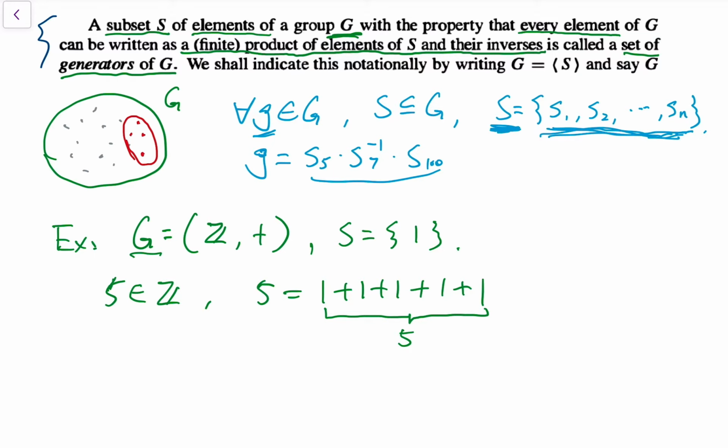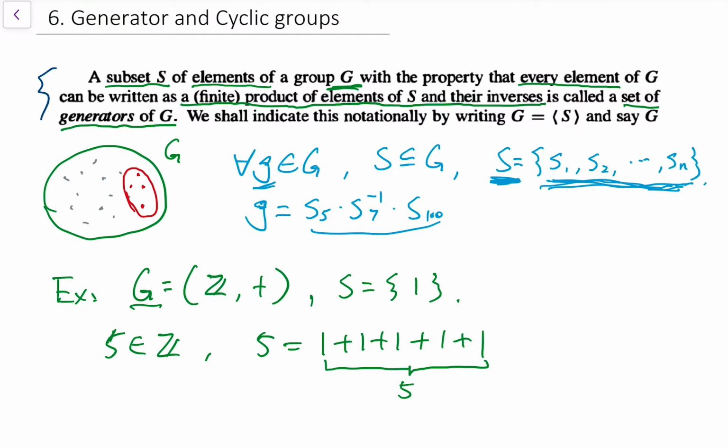So we can see that the integer 5 can be written as a finite addition of ones, and the 1 is from this set S. Here we can see in the definition we need that every element can be written as a finite product of elements or their inverses in the S.